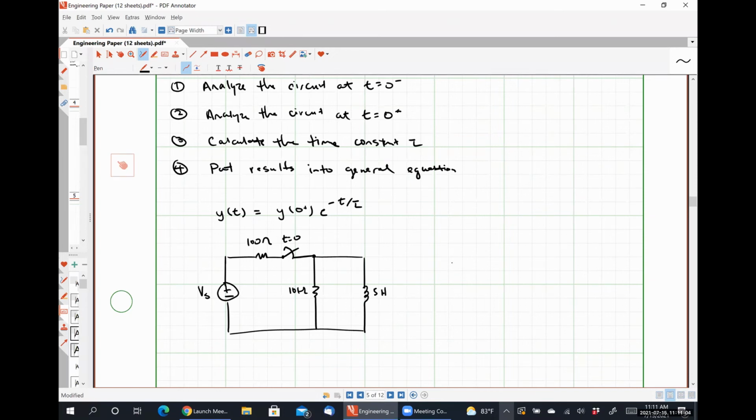It is going to behave the exact same way as this circuit. I'll leave that as 100 ohms.